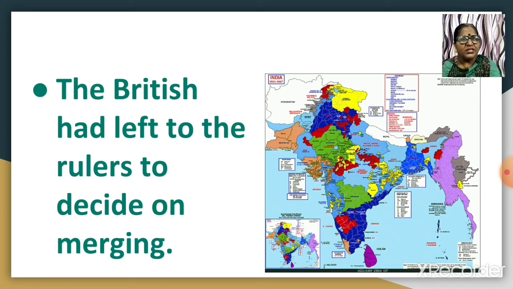If they don't want to merge with India or Pakistan, they can remain independent. So this all was left to the rulers of the princely states. The merger of these princely states was a difficult task.